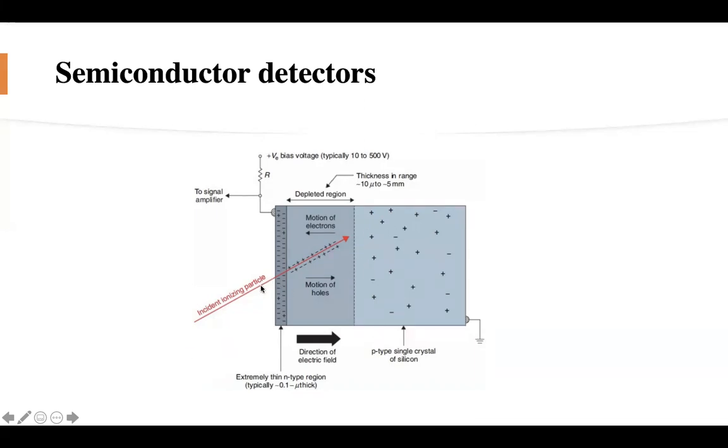Between the two layers, N type and P type, there's a depletion because reverse voltage is applied here. It will create a different region between the P type and N type. This area we call the depleted region. There is no dominant charge here, no positive, no negative. This is the active volume or the sensitive area of the semiconductor detector.